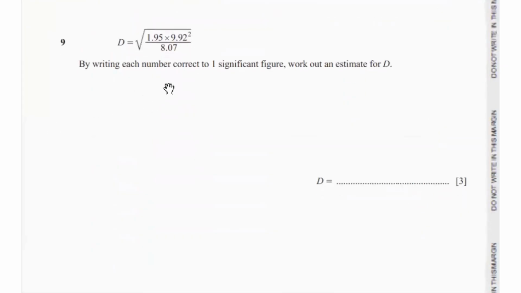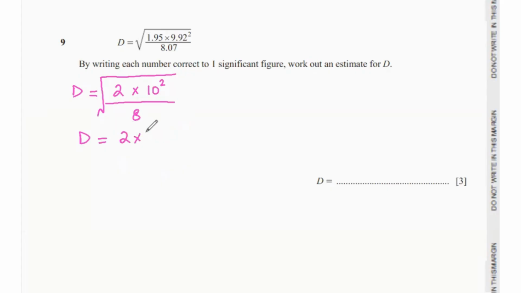Question 9 says, by writing each number correct to one significant figure, work out an estimate for D. So 1.95 correct to one significant figure is going to be 2. 9.92 squared is going to be 10 squared. And 8.07 is going to be 8.